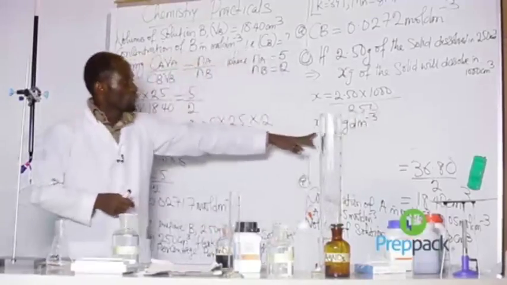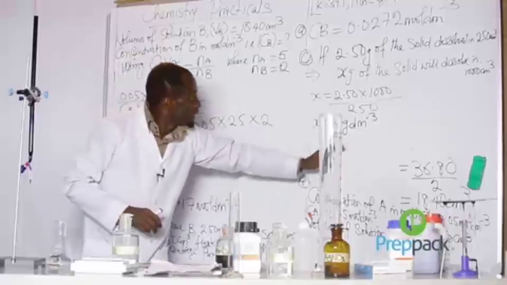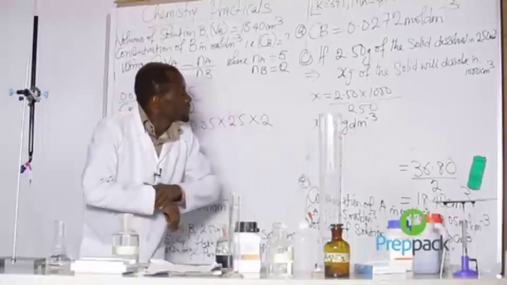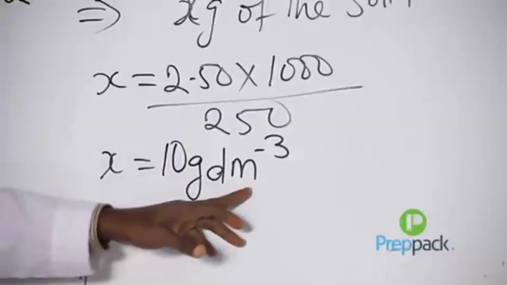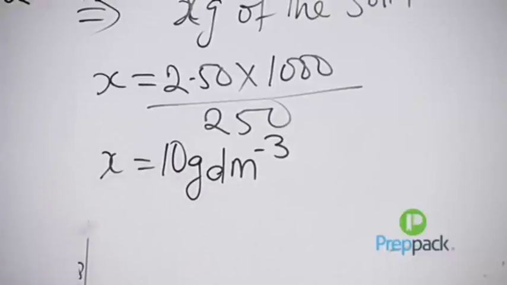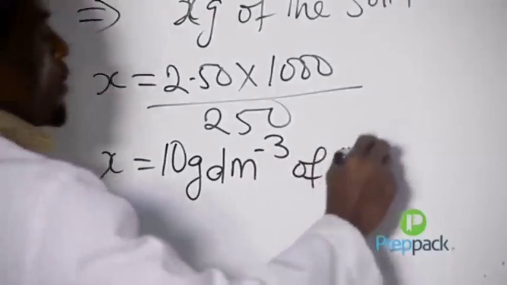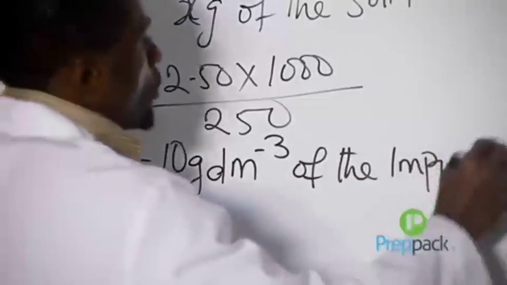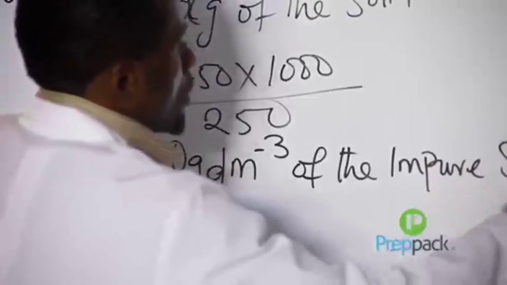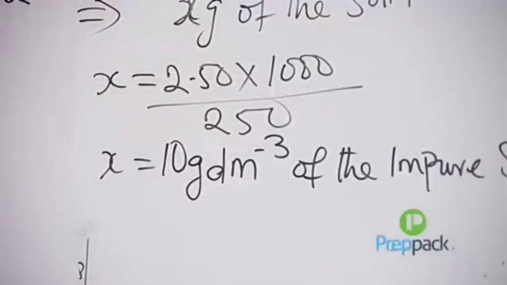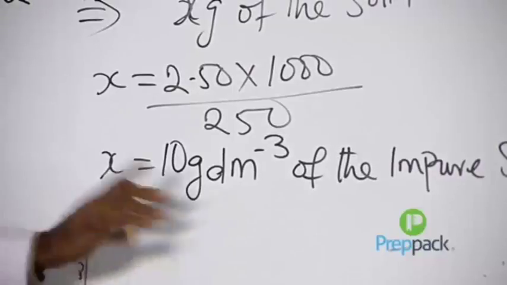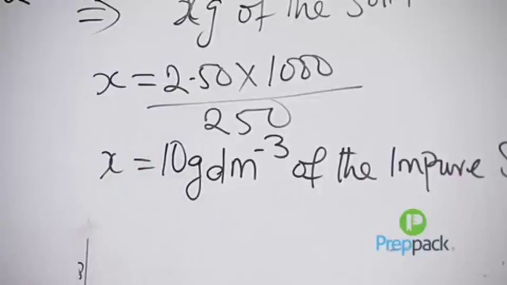This is the mass concentration of the impure solid. All right, so for us to get the percentage purity, we need to know the concentration of the pure solid. How do I do that?